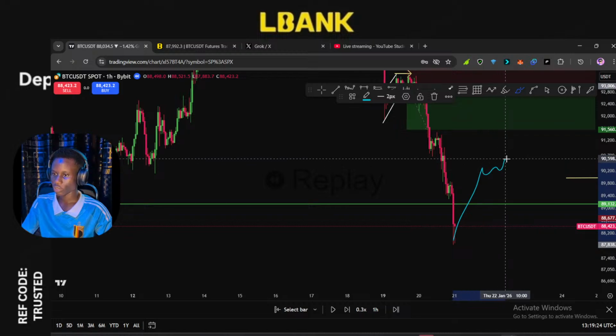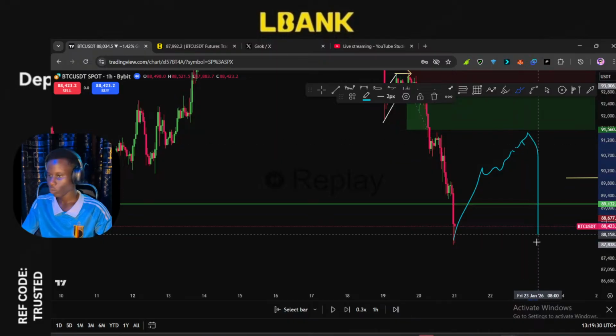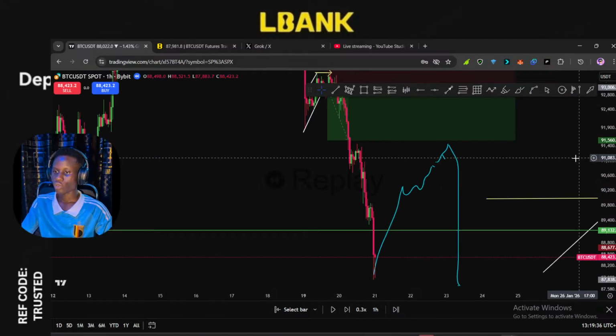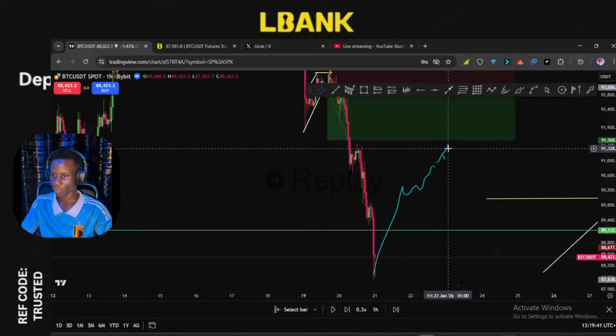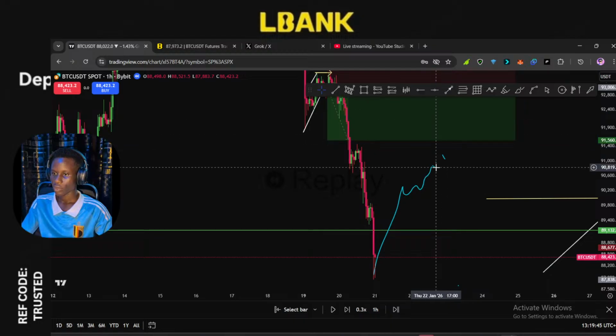We trend, and we tap into this place. We might return to the downside this way. Do you get the point now? So that is how to keep trailing your stop loss. Now we've broken through that support level. Now let's see how we can manage that as well. Let me clear all this.